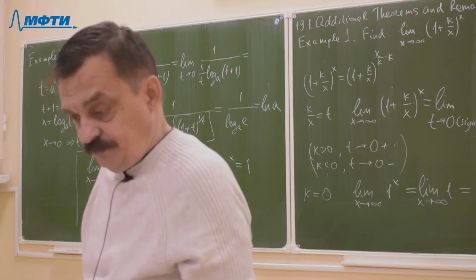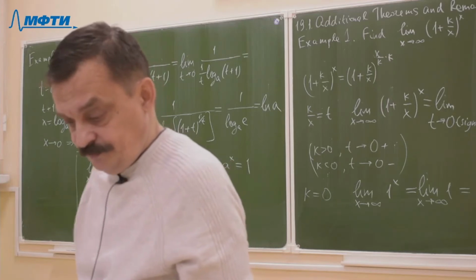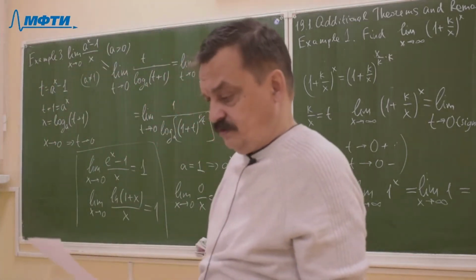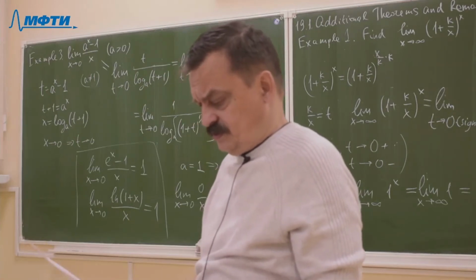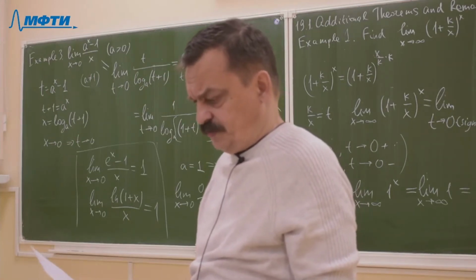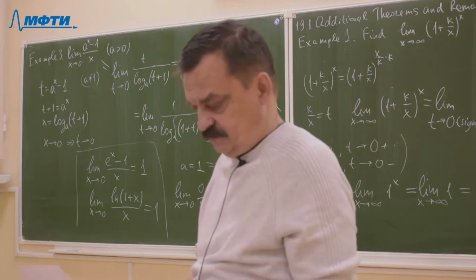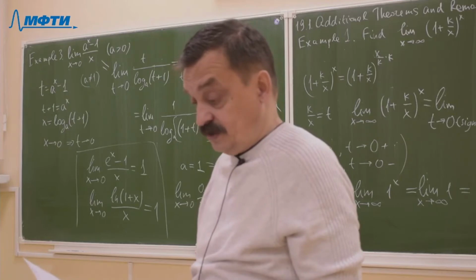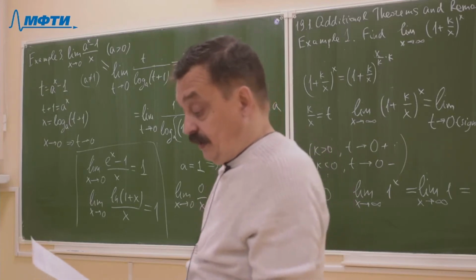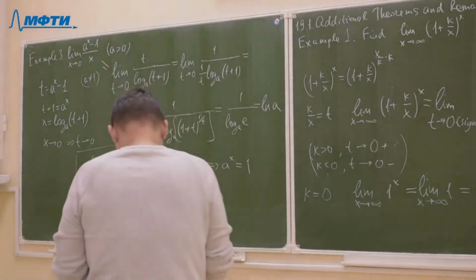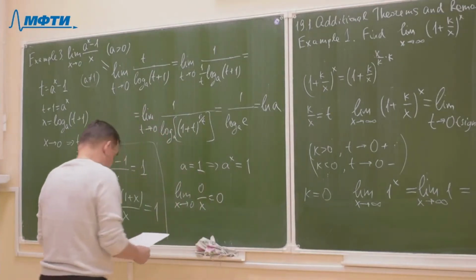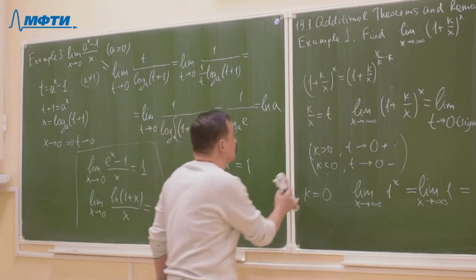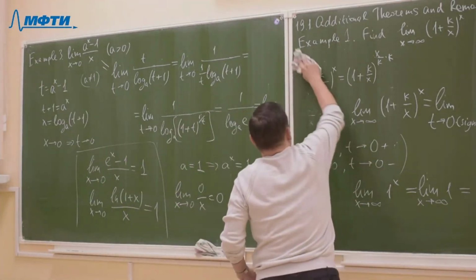I will not prove it because, as I told before, we omit proofs of properties of the exponential function, hence we should omit properties of the logarithmic function as well. Okay, now for hyperbolic functions, next example, example 4.